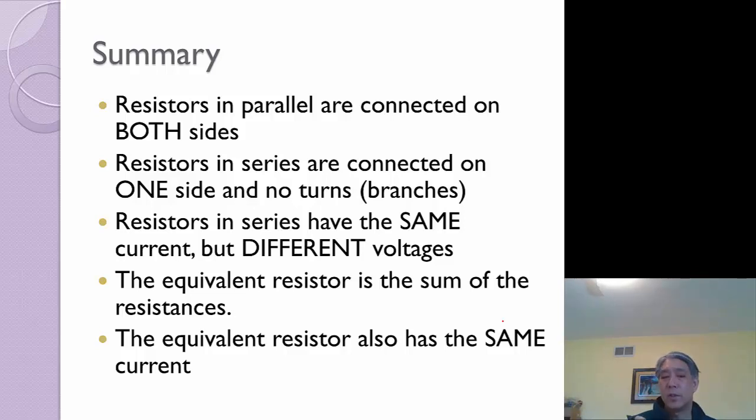The equivalent resistor is the sum of the resistances, and that formula is on our formula sheet. The equivalent resistor, when I've replaced them, will also have the same current. This is very similar to when we did the blocks. All the blocks, including the equivalent block, had the same acceleration. Okay, thank you very much.